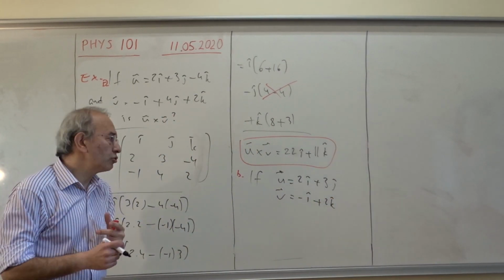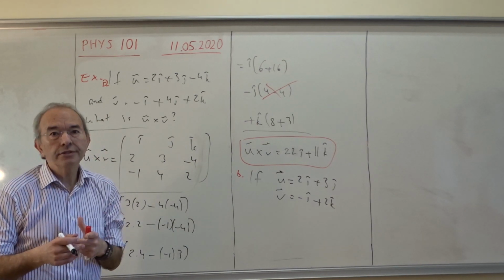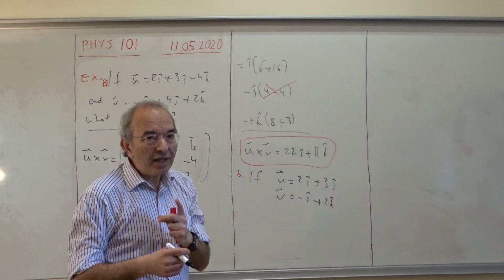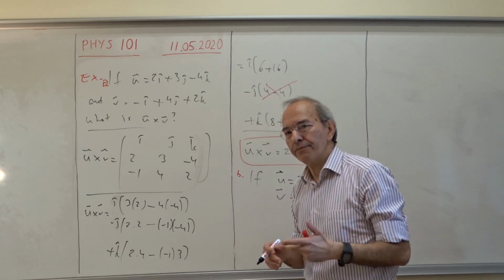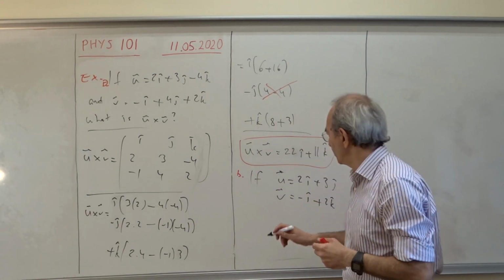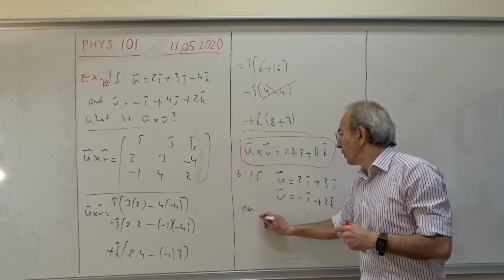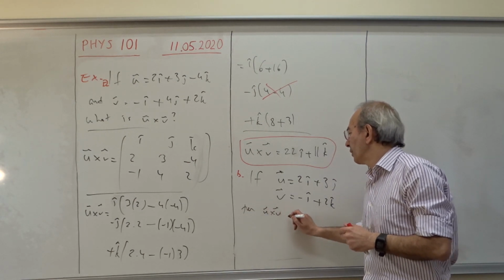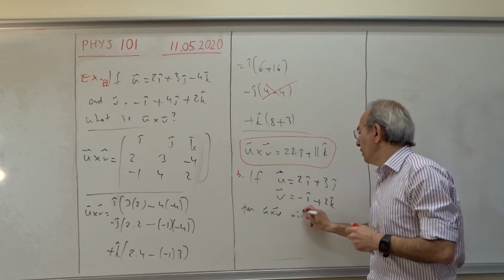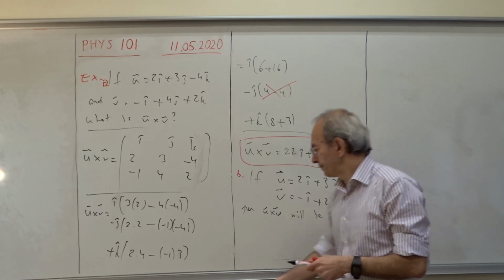If you were given these two new vectors, which have one term missing, having only two components, but be careful which one is missing, then U cross V will be what?